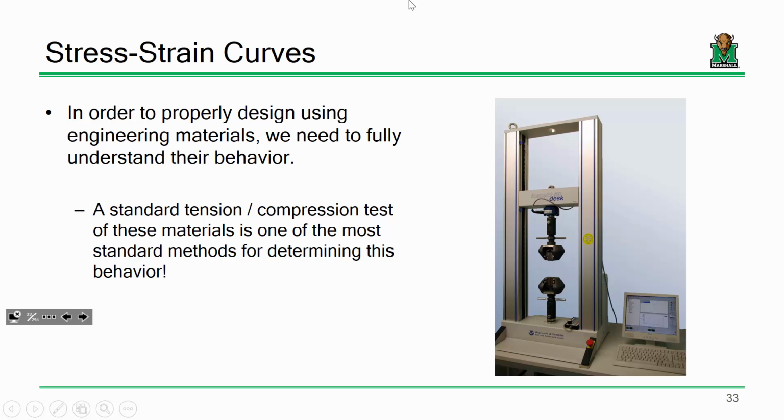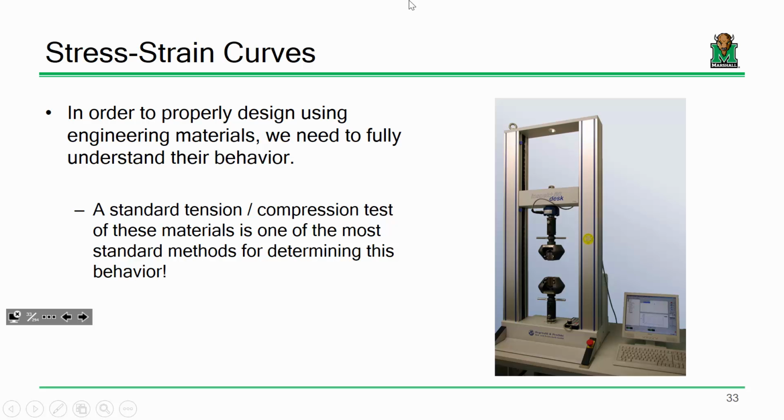We're taking material and, at a constant controlled pace, increasing that load and recording that material's response, okay? Now, we do that very commonly through either a tension test or a compression test. Take a member and yank on it in tension, or take a member and push on it in compression, okay? It's one of the most common examples.